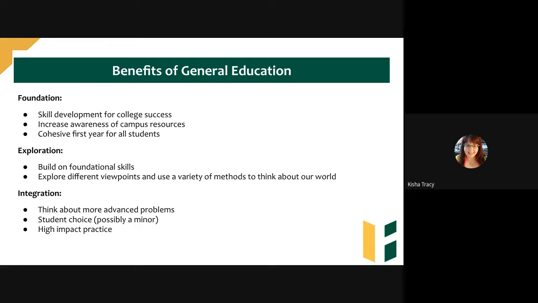And so this is where students get to think about more advanced problems. And there's a lot of student choice here. They have the option to do a minor if they choose. And here's where we have our high impact practice. So I think that understanding these benefits is important, and also understanding and communicating to students how these build upon each other.